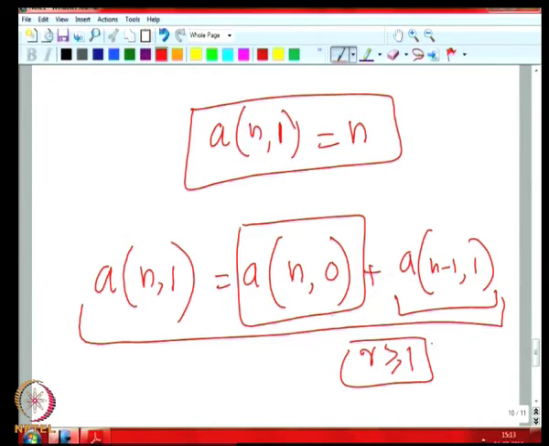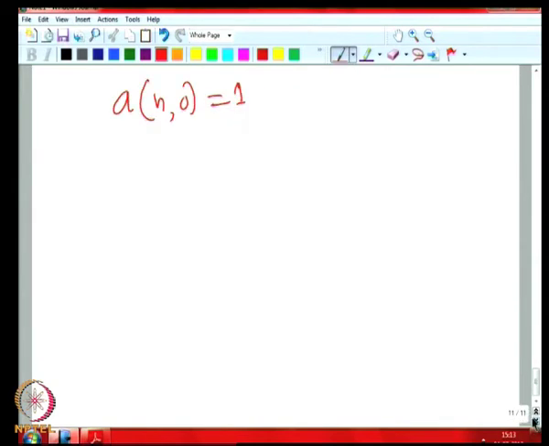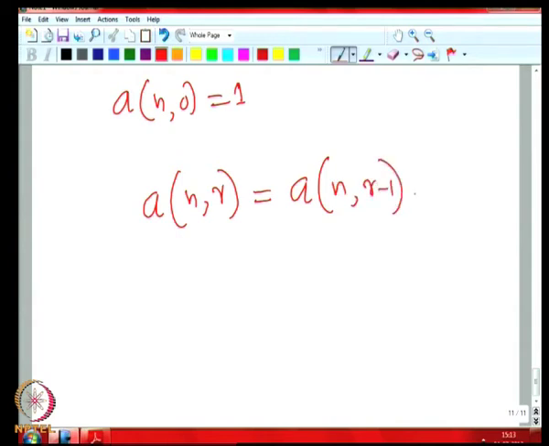Therefore, we say that this is valid only for r greater than or equal to 1. Once again, I will write the recurrence relation: A of n comma r is equal to A of n comma r minus 1 plus A of n minus 1 comma r.